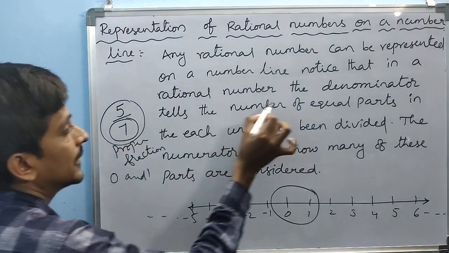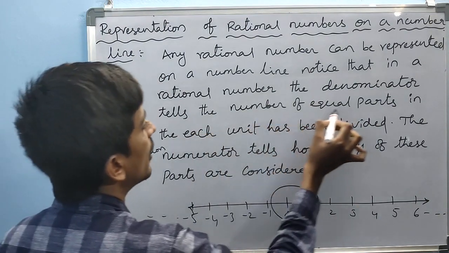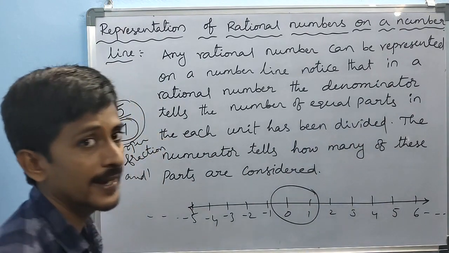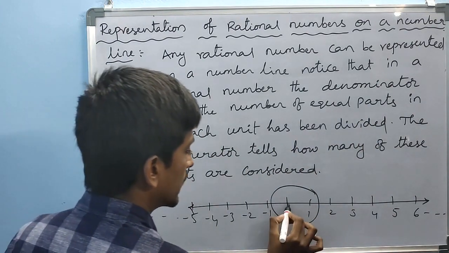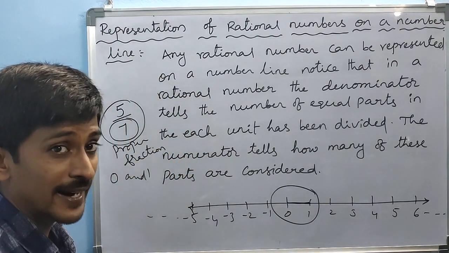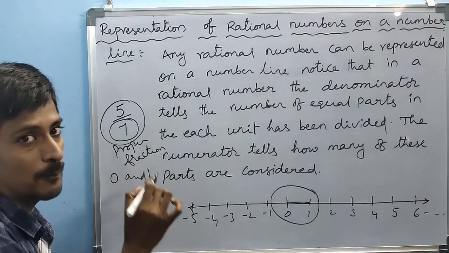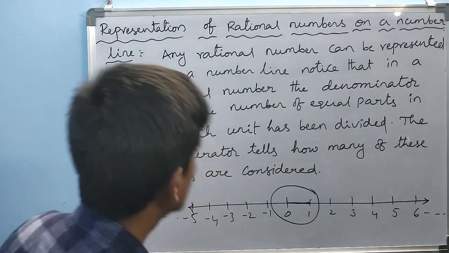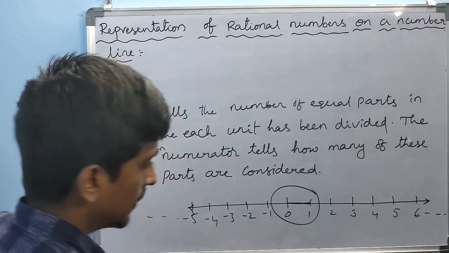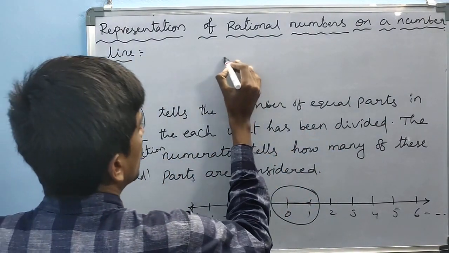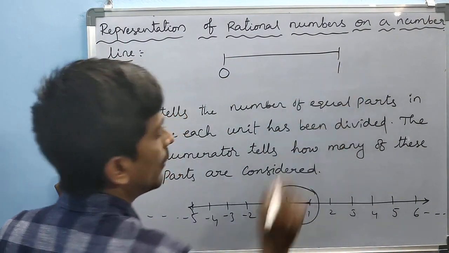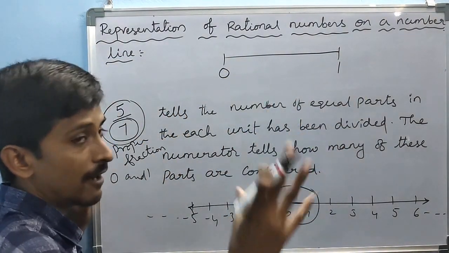Next, the denominator tells the number of equal parts in which each unit has been divided. 0 and 1 is 1 unit. This unit can be divided into 7 equal parts. Okay, this is the magnitude, 0 and 1, which can be enlarged.